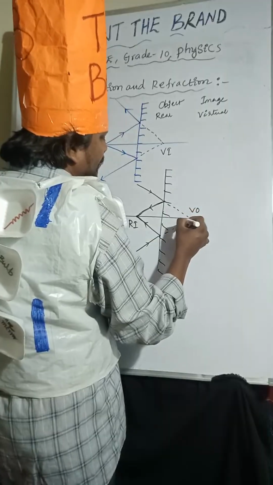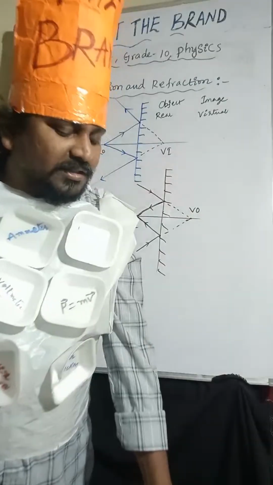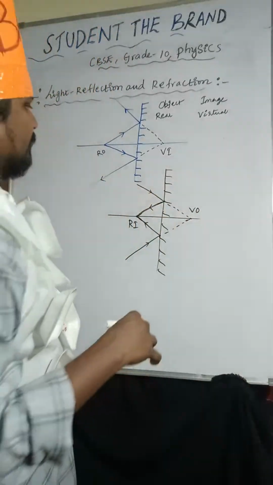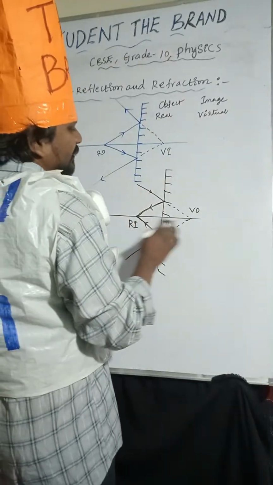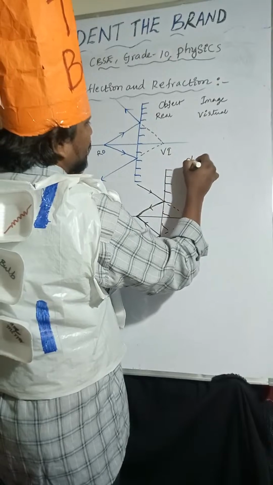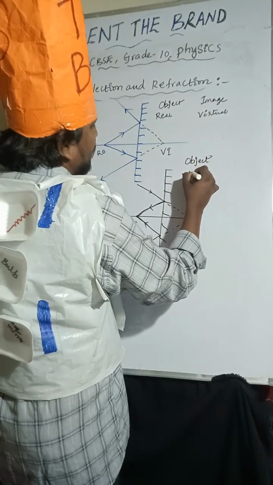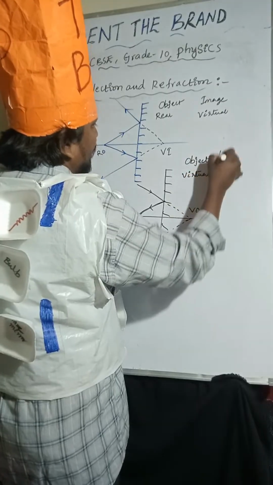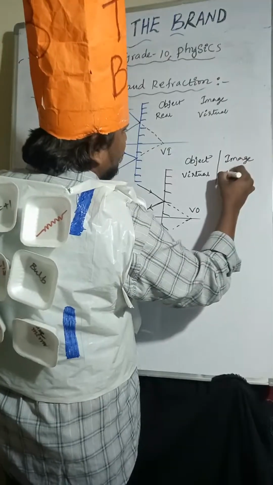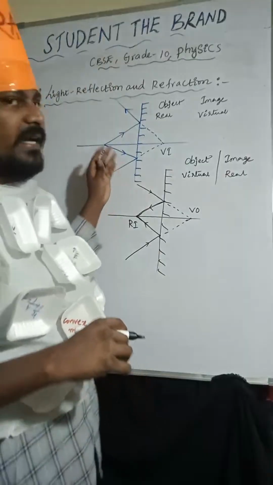I hope you will get to know the definitions of real image and virtual object. So here observe carefully. Real image and virtual object. The object is virtual and the image is real.